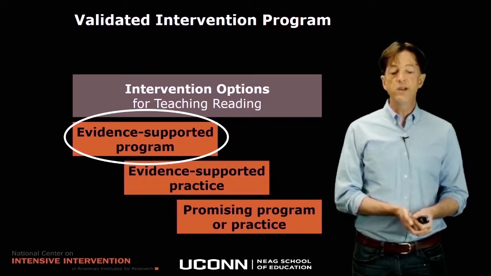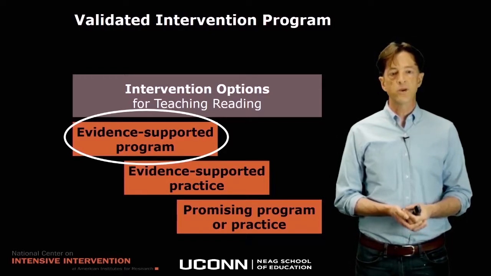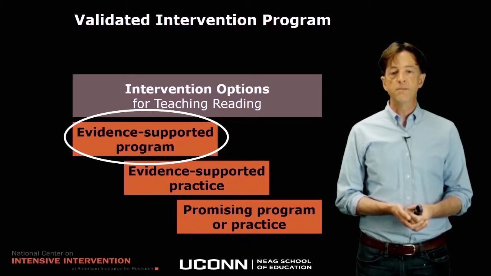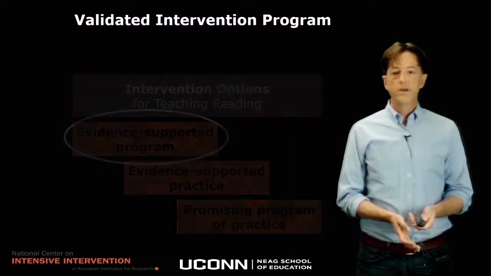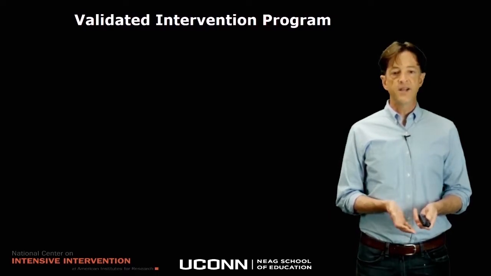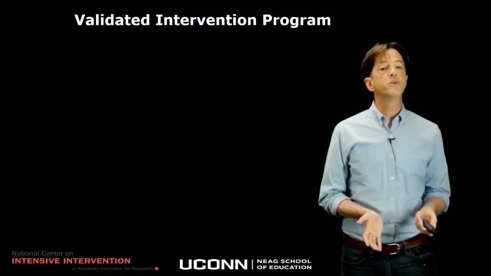And again, in reading, we have a lot of different options for selecting intervention programs that have evidence and that also target the specific needs that might be similar to the needs of our students. So we have a number of these validated intervention programs available to us in reading.